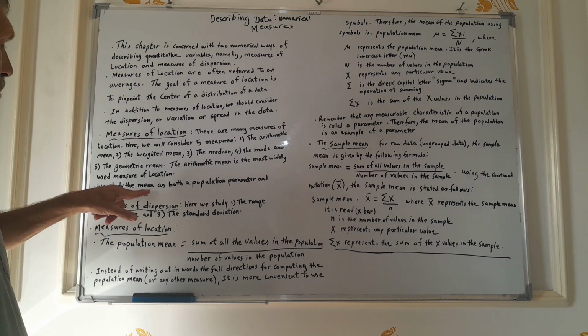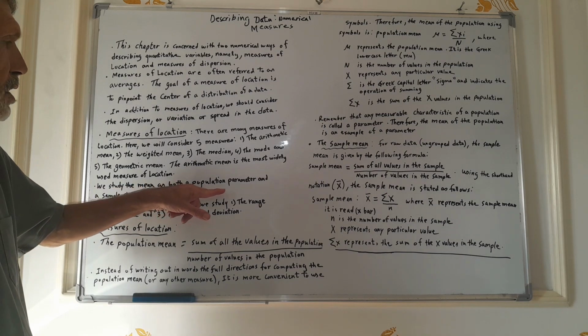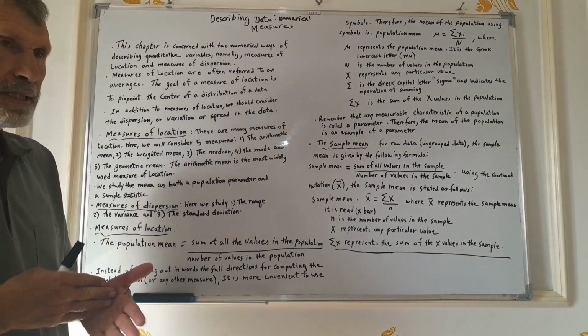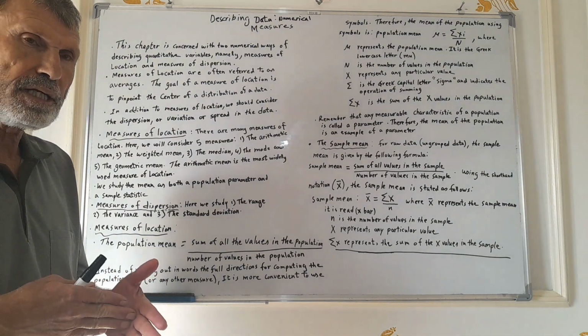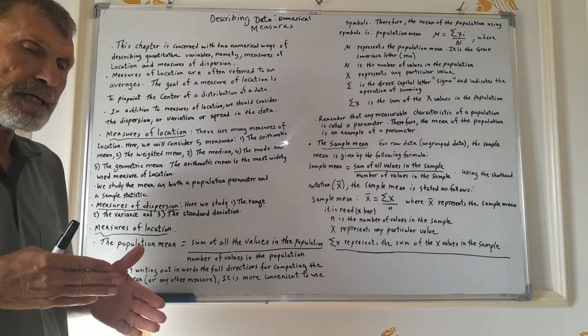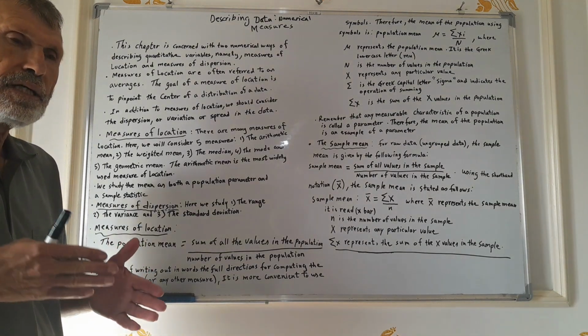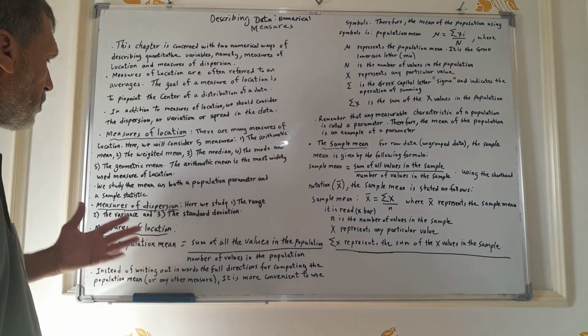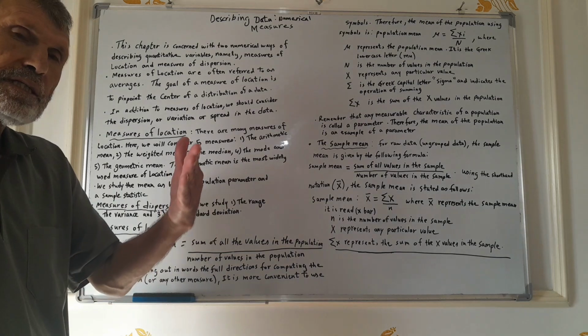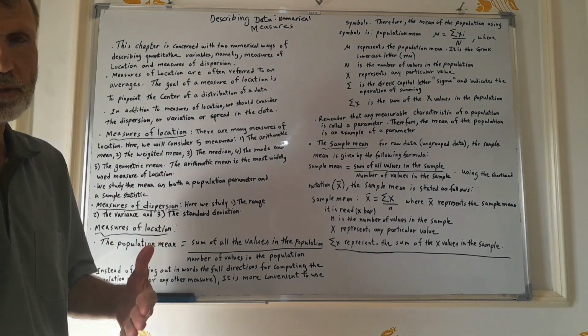We study the mean as both a population parameter and a sample statistic. Remember that any characteristic of the population is referred to as a parameter, and any characteristic of a sample is referred to as a statistic. So here we're going to study the population mean and the sample mean.